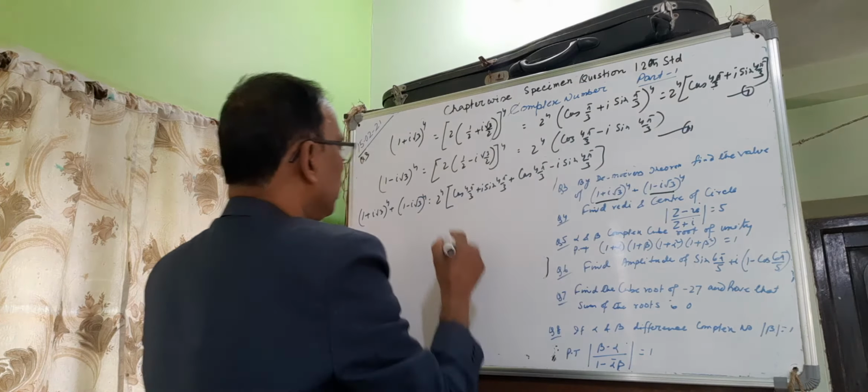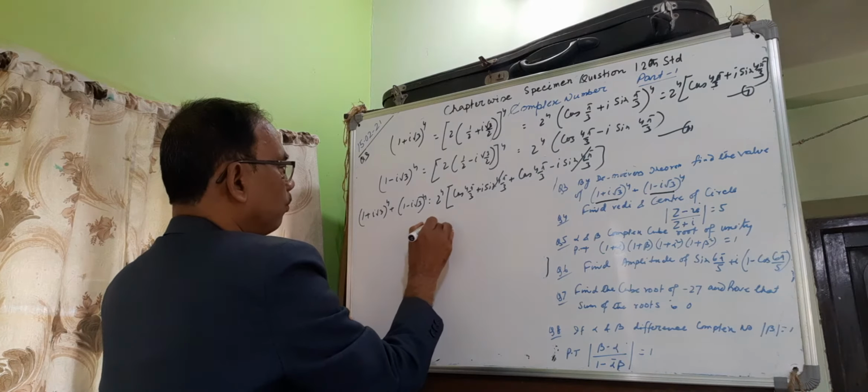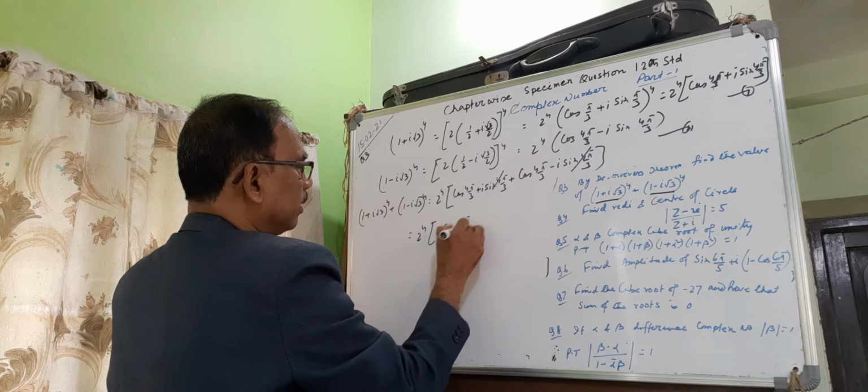Now the sine terms cancel. That is 2 to the power 4 times 2 cos 4 pi by 3.